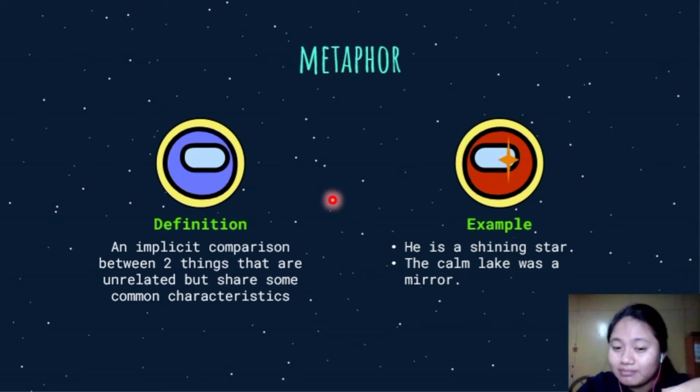Another example: the calm lake was a mirror. See how a calm lake is compared to a mirror. They are two unrelated things, but compared because they share the same traits, without the word like or as. That's how you differentiate simile and metaphor.